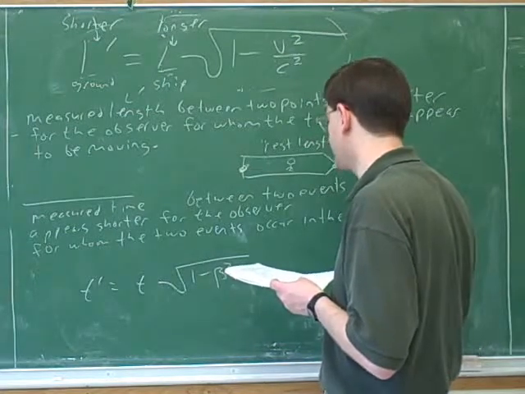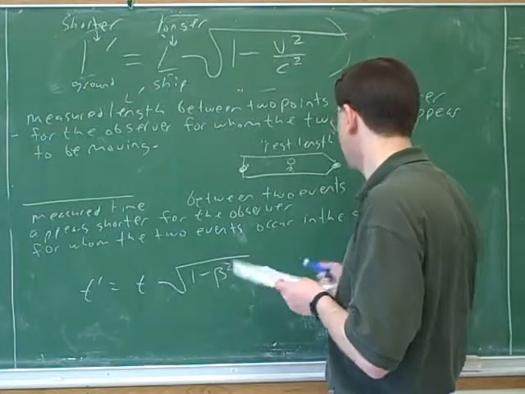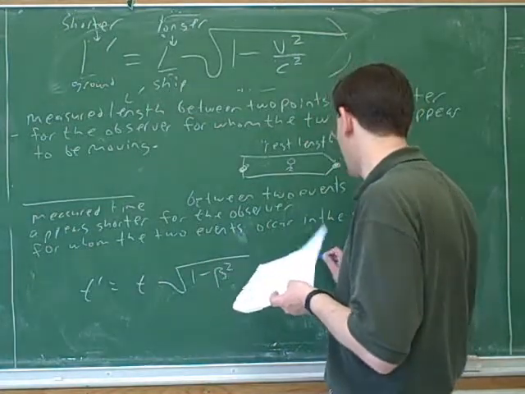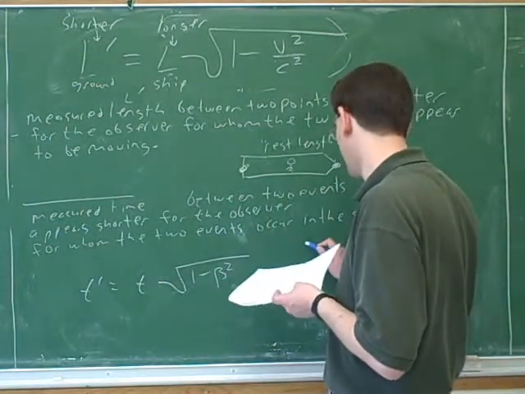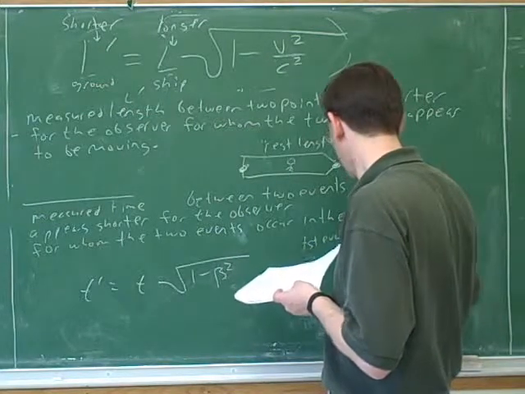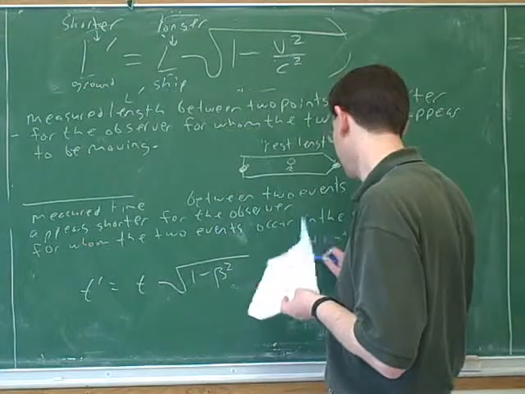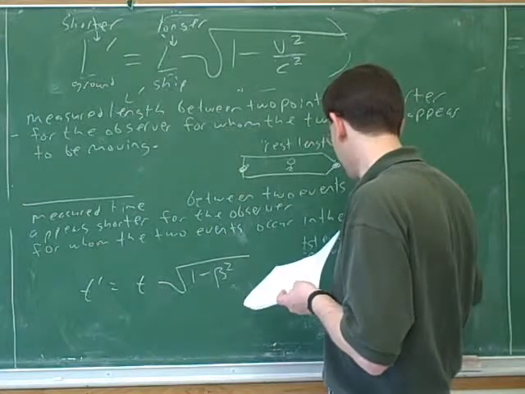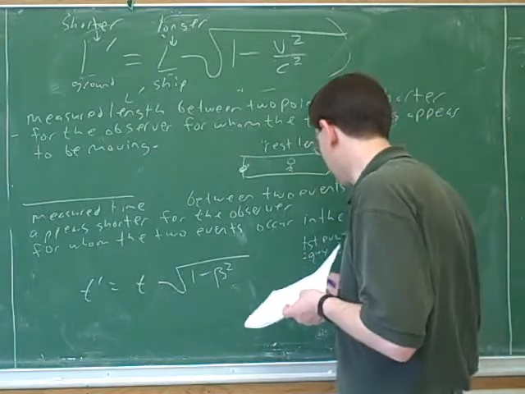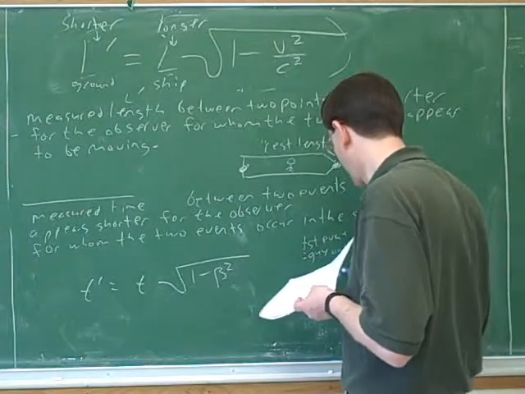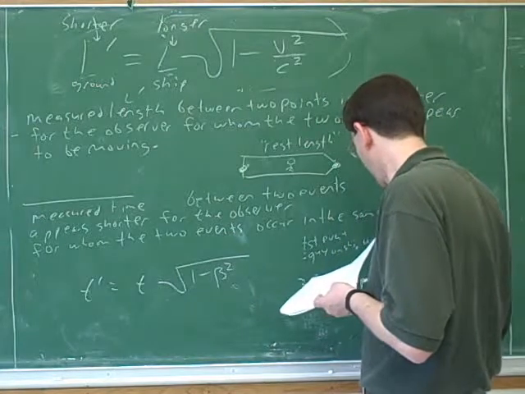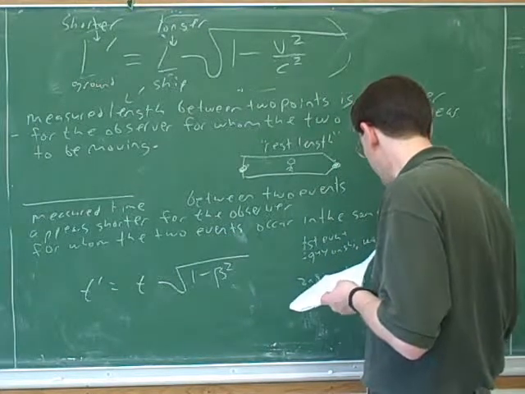So then the 2 events could be, you can pick any 2 events that happen on the spaceship. So we could say that the first event is the guy on the ship wakes up, and the second event is the guy on the ship goes to bed.